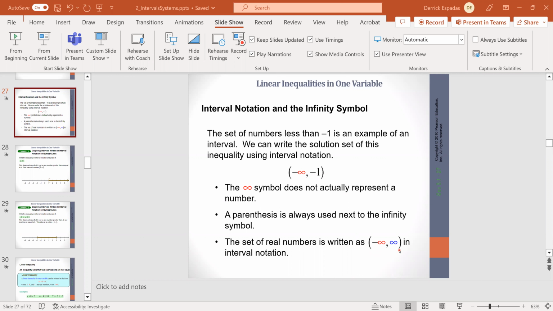And that's kind of the standard of how we will start reporting things. And we're going to show you a couple of different ways to engage in that because it'll mean something different. But just for now, your basic interval notation will be parentheses, a number, comma, a number, parentheses.